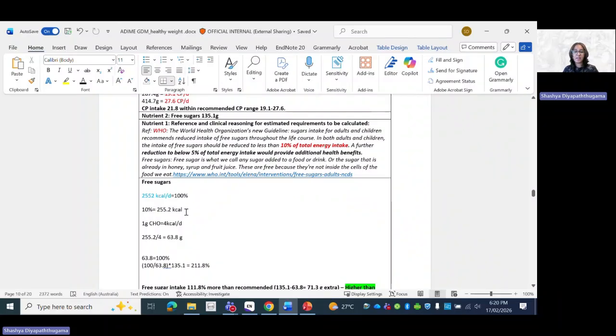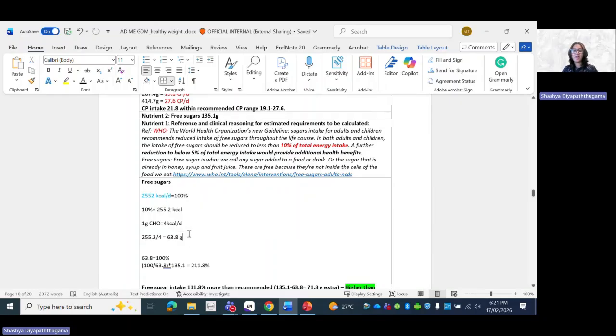So now we want to see how many grams of carbohydrates can be there. So we know 1 gram of carbohydrate provides 4 kilocalories. So we have to provide 255.2 kilocalories. So how many grams of carbohydrate can be there? That is 63.8.